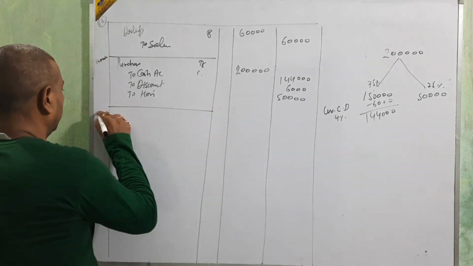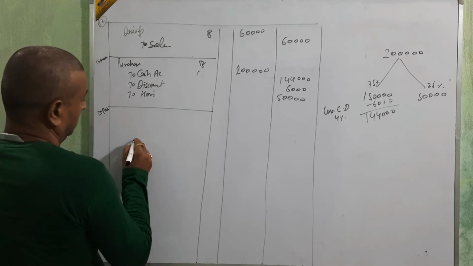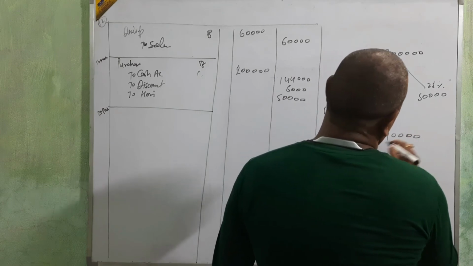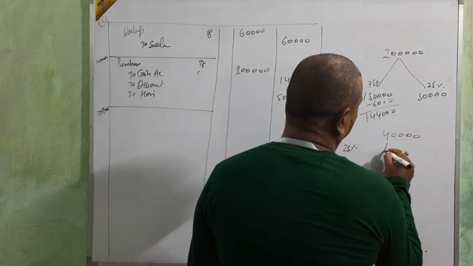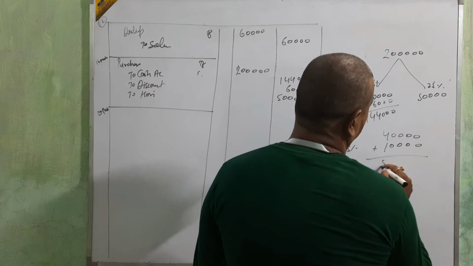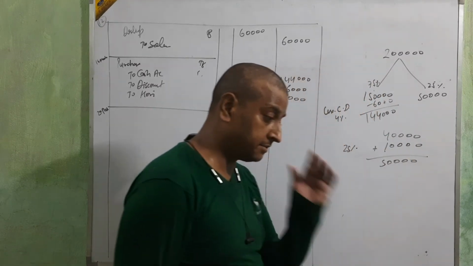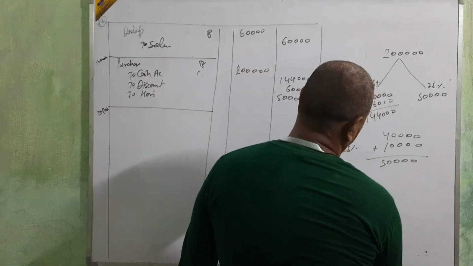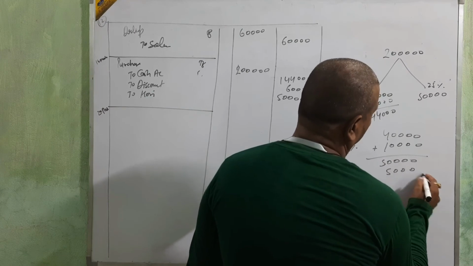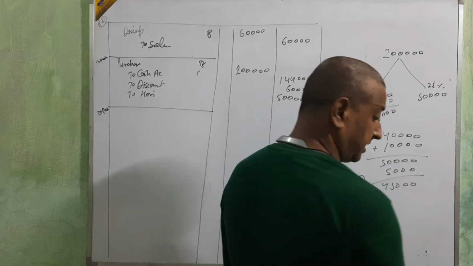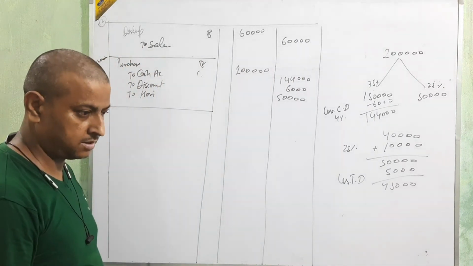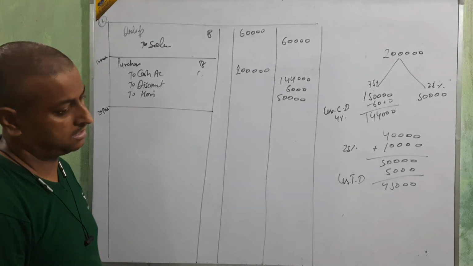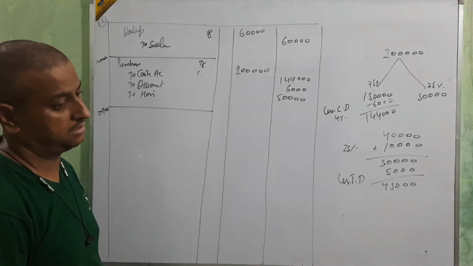March 20. Sold goods to Vishal Traders costing rupees 40,000 at 25% profit. 25% profit means 10,000, add it, so the total is 50,000, beta. Allowing 10% trade discount, so less 10%, which is 5,000. It means 45,000. And 10% cash discount.